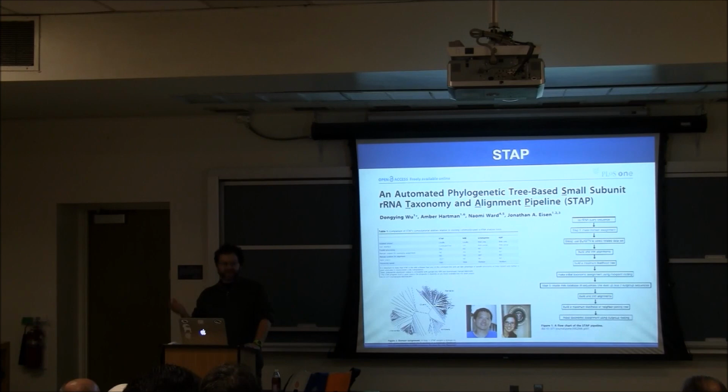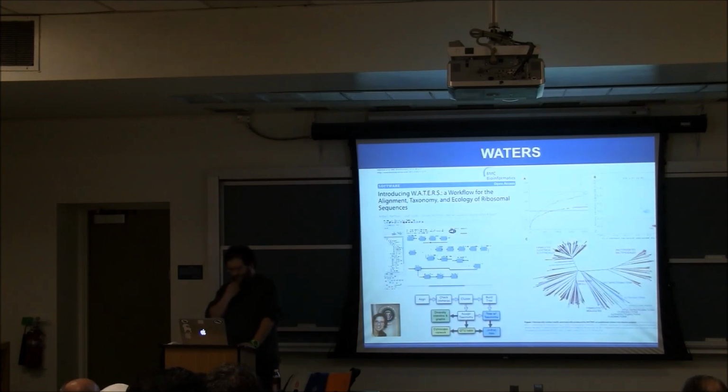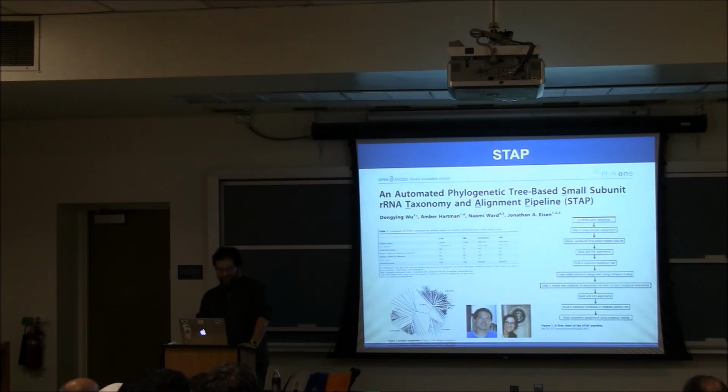But similarity scores are not the right way to assign taxonomy to organisms or environmental sequences. A phylogeny is better, and we've been building tools that can do this in a high-throughput, automated manner.